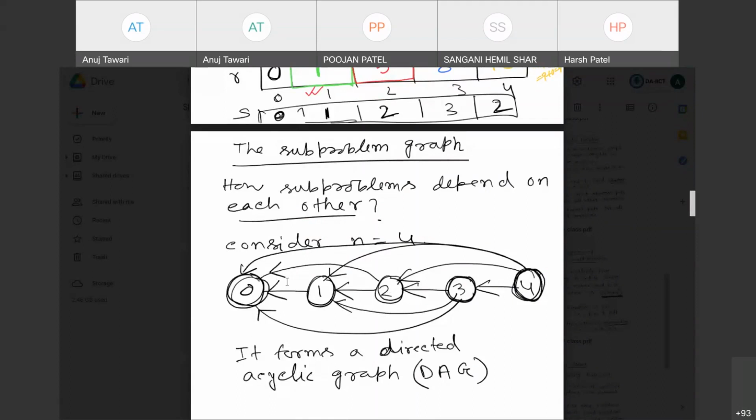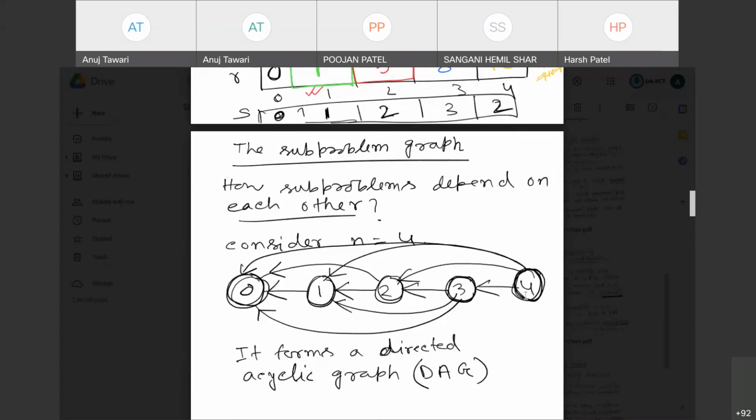So we draw an edge from i to j if the solution to i depends on the value of j. Now, if this directed graph contains cycles, then we have a problem. For instance, we don't want a cycle from 4 to 3 to 2 and 2 goes back to 4. Because for the solution of 4, we need the solution of 2, and for the solution of 2, we need the solution of 4.